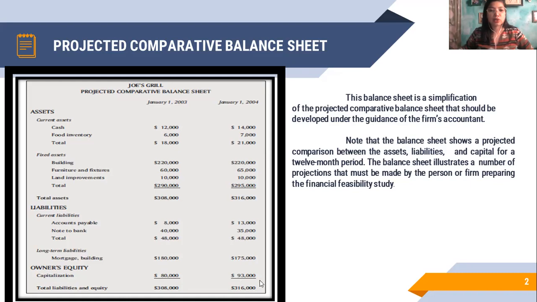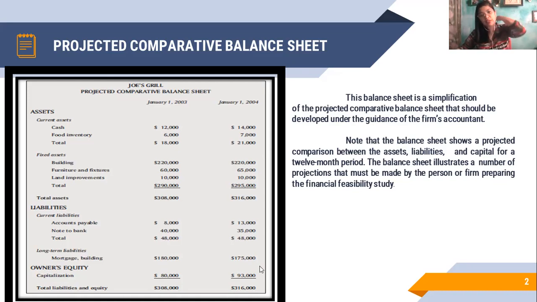Okay. So for the equity, in order for you to get the owner's equity, you just subtract the total liabilities from the total assets. So here, $316,000 subtracted by $48,000, the current liabilities, and the long-term liabilities of $175,000.